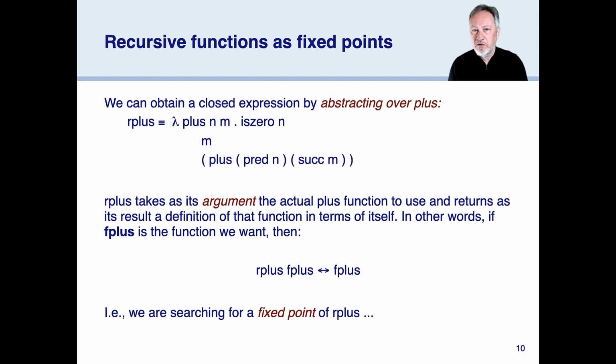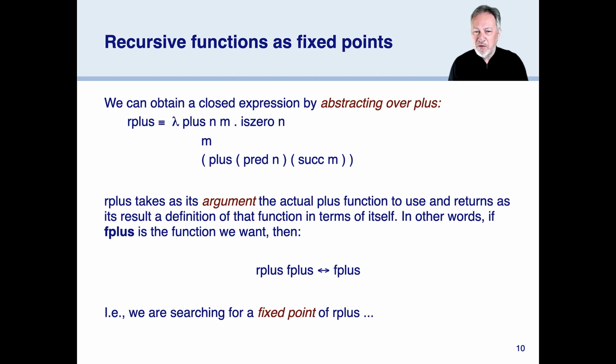Predecessor and successor, they're combinators, they're closed expressions, and plus is bound by the lambda. That looks really good now. So now we have r plus, which is this great big expression. So it takes as its argument the function that we want to define.